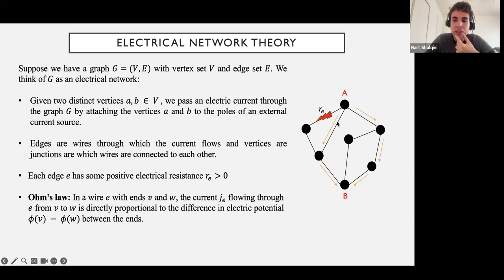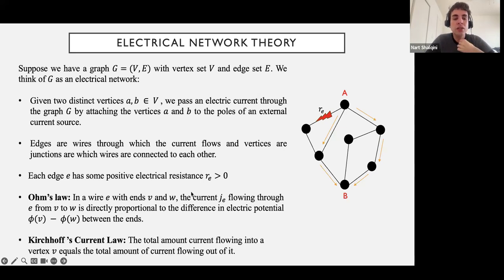So if I want to see the total current that flows through each edge or part of a circuit or the entire circuit, I just have to calculate the difference in potential of the endpoints.